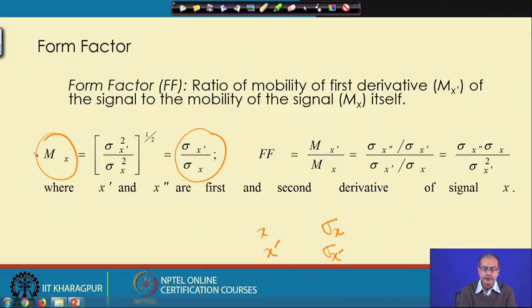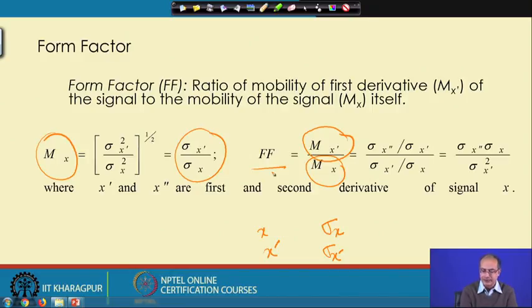Now, if we take the mobility of the signal and the mobility of the first derivative of the signal, the ratio of them gives us the form factor, or in short FF.